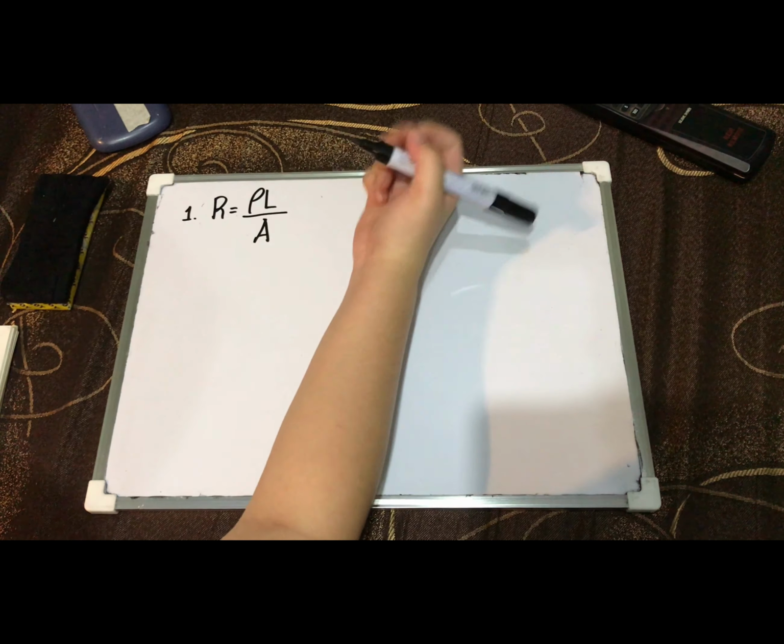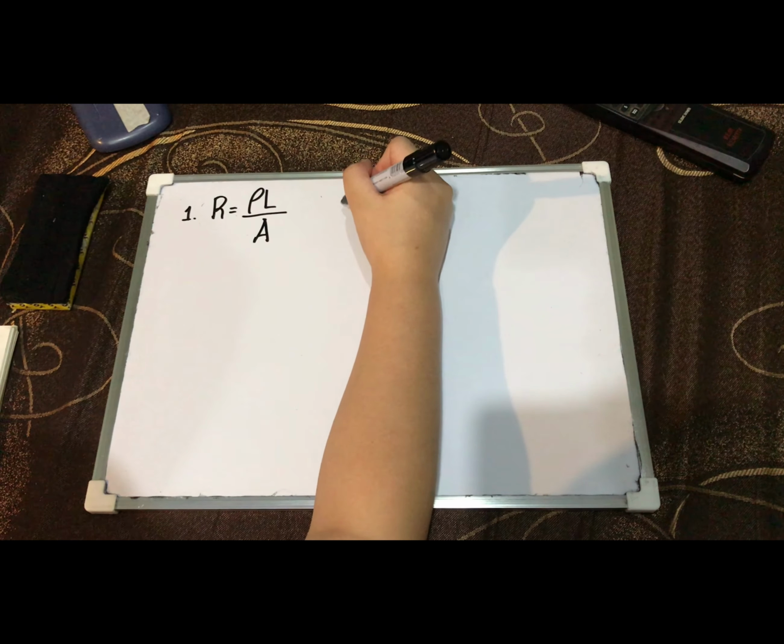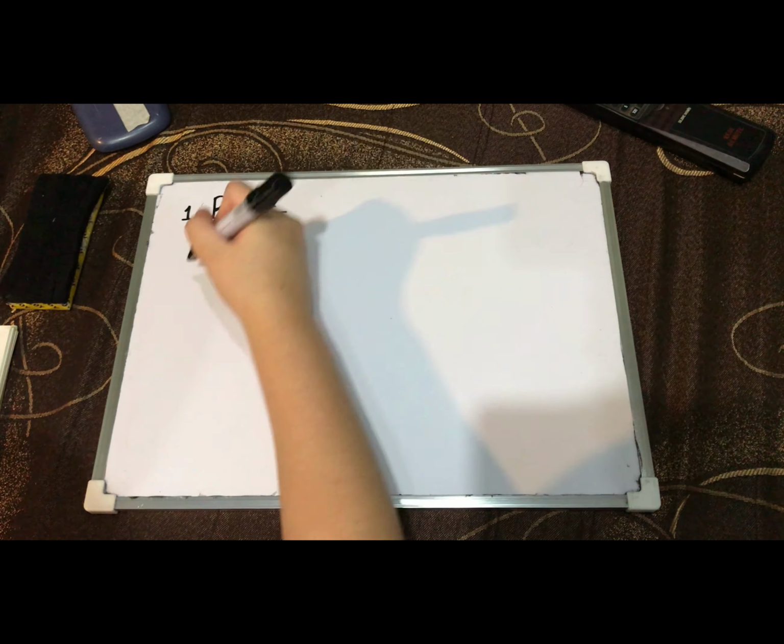Meron pa tayong dalawang formula and ipapakita ko sa inyo ngayon kung paano na-derive yun. So, alam natin na ang formula ng volume ay area times length. I-solve natin yung area in terms of volume and length.